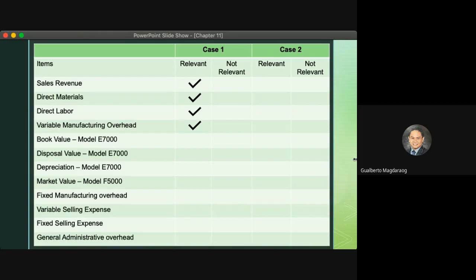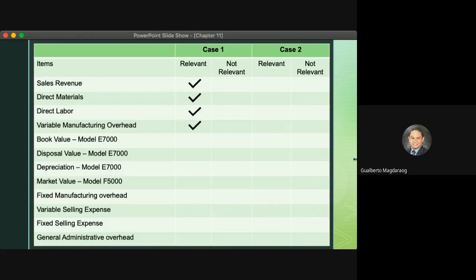Okay? Book value of the old model E7000 machine, yun daw book value nung ating old machine. Will there be a change in the book value? Pag binili ba natin yung new machine, magkakaroon ba ng changes sa book value ng old model?